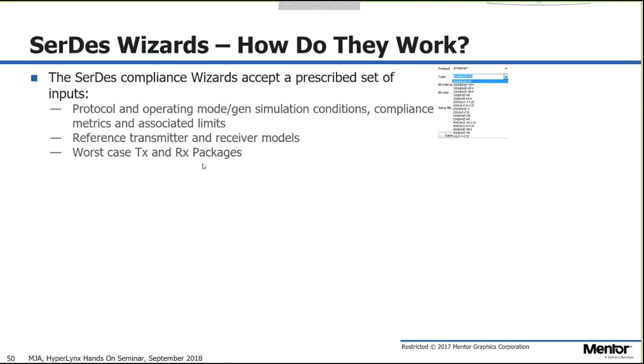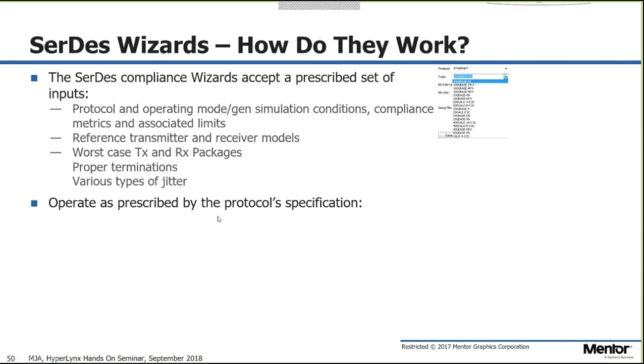If someone else plugs in something else to your USB connector on your computer, you want to know that you can still deal with that, as long as they're designing to these protocols. So we're going to feed in those worst case transmitter and receiver packages with the reference models, set up proper terminations, set up jitter, and then work with the prescribed protocol specifications.